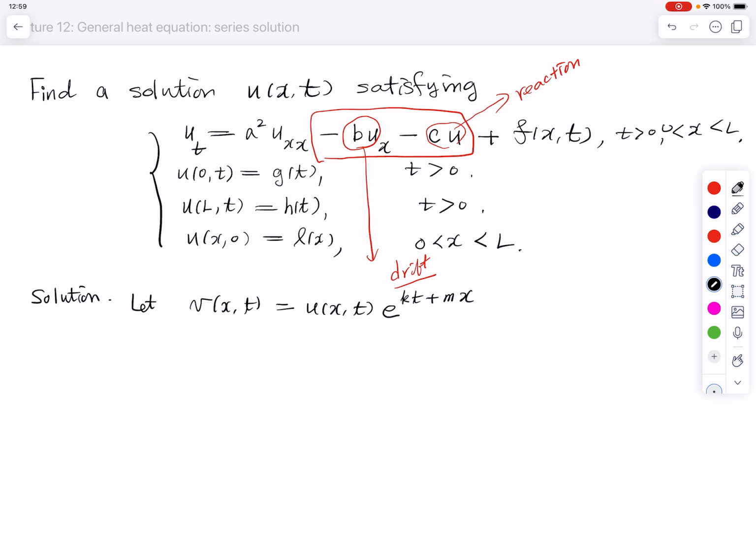Now differentiate this with respect to t.